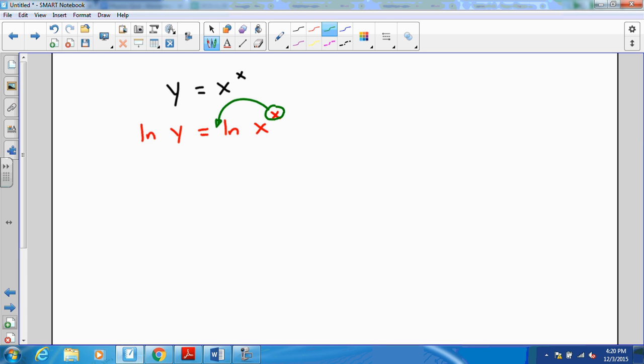And on the right-hand side, I can now use my log property, the exponent property, to rewrite the log of x to the x as x times ln x. I have converted an exponent problem into a multiplication problem. Notice that we haven't done any derivatives yet. All we've done is algebra with logarithms. So if you're a step kind of a person, this is the first step. You take the log of both sides and do what comes naturally with log properties.